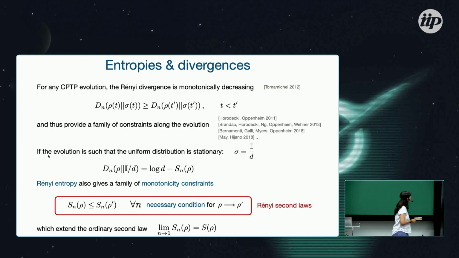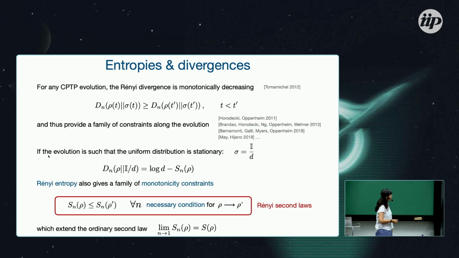Okay, so then also Rényi entropies under these two conditions, so CPTP evolution and a maximally mixed state which is a fixed point, are also monotonic for each n. And so they provide a one-parameter family of necessary conditions for transitions, which extend the ordinary second law, and which we will refer to here as Rényi second laws, just to distinguish them from the ordinary second law.